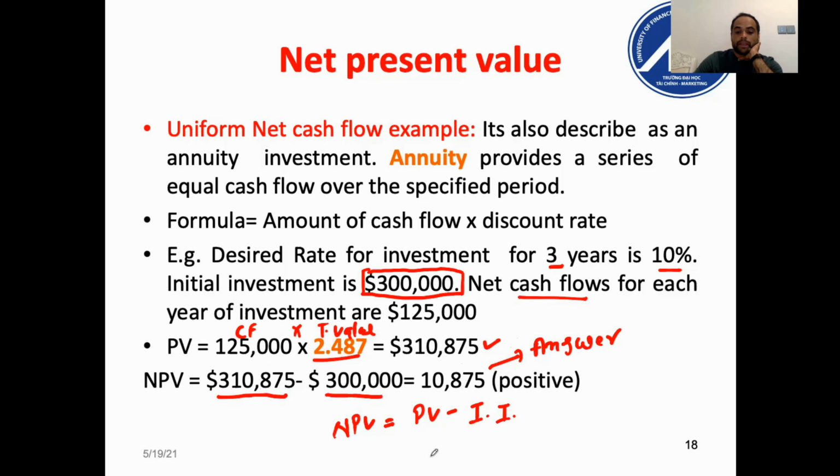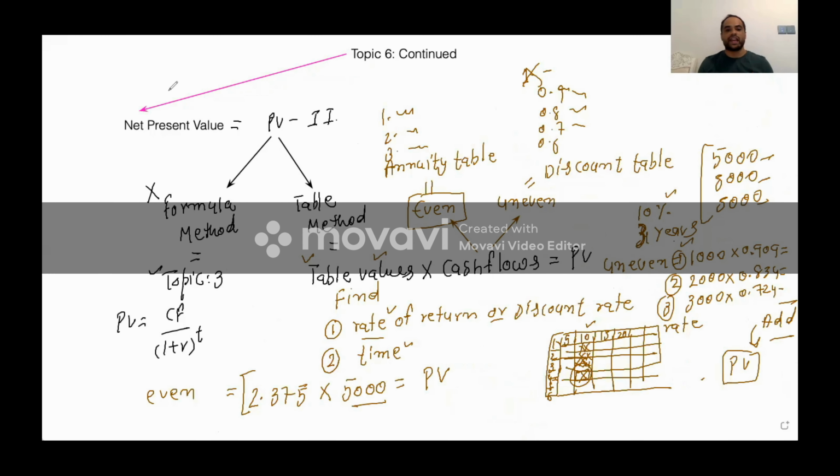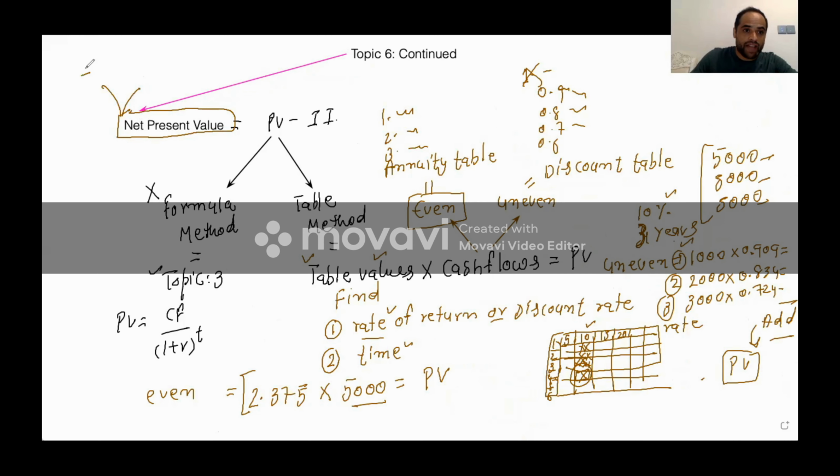All right. Now the question is, how do we understand we should select the project or reject the project? How do we know that? So in order to select or reject the project, it depends upon the net present value. So remember, if net present value is positive, we will select the project.